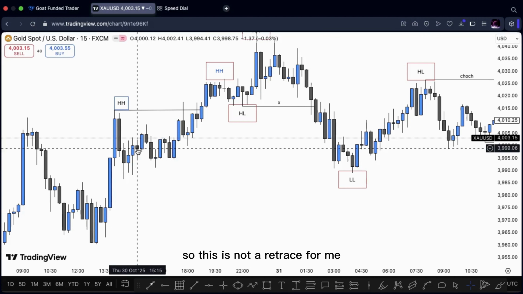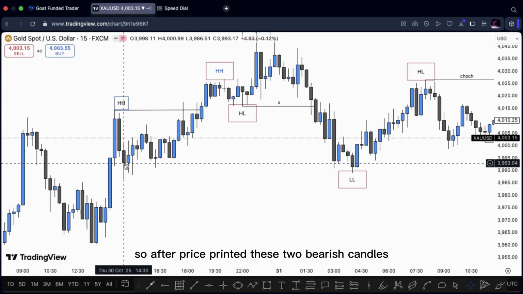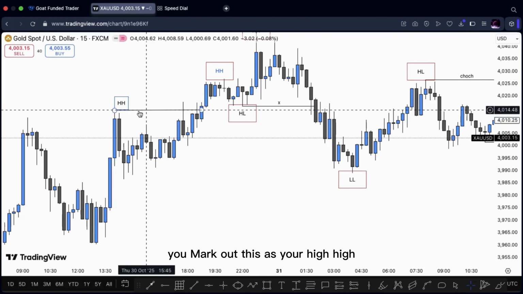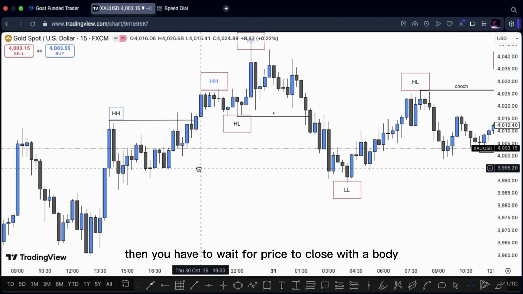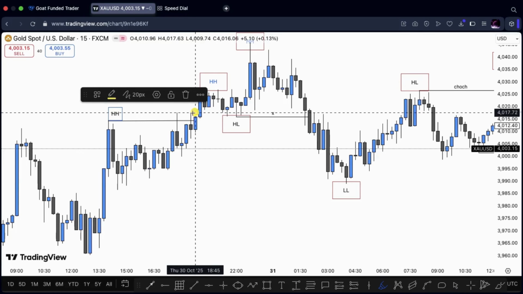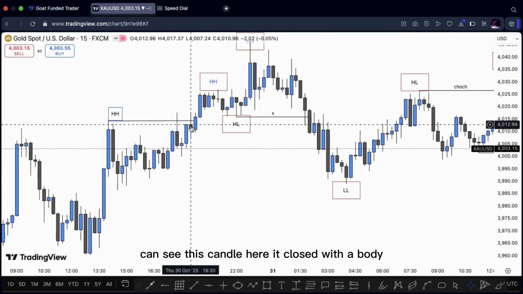So this is not a retrace for me. After price printed these 2 bearish candles, they are consecutive, one after the other. You mark out this as your high. Then you have to wait for price to close with a body. You can see this candle here, it closed with a body.